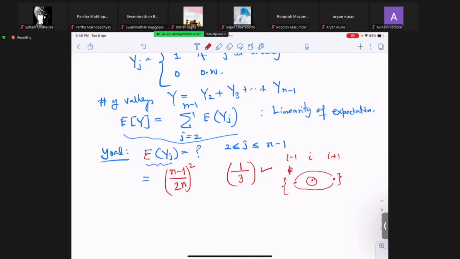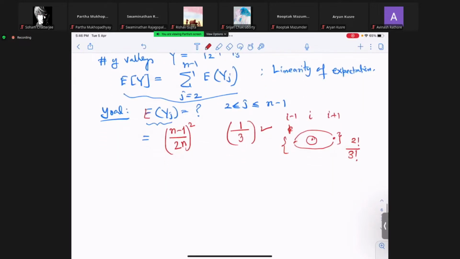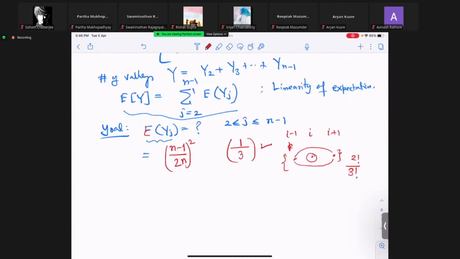So that gives you 2 factorial out of all possible 3 factorial arrangements. That's the very cute way to see that it is 1/3. There is a more elaborate way also. If it is too quick for you, you can do the more brutal calculation also.